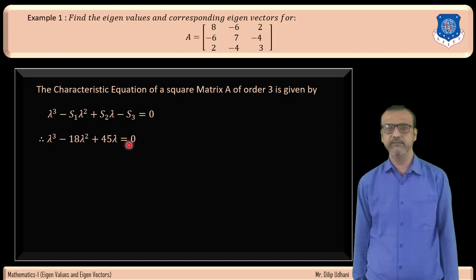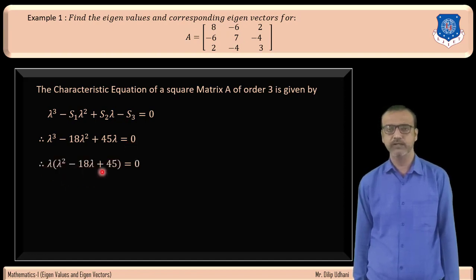Now we will factorize this equation to find the eigenvalues of the given matrix A. Taking lambda common, inside the bracket we have lambda square minus 18 lambda plus 45, equals 0. Now we will factorize this quadratic equation, and its factors will be lambda minus 3 and lambda minus 15, and lambda will be as it is, and that equals 0.